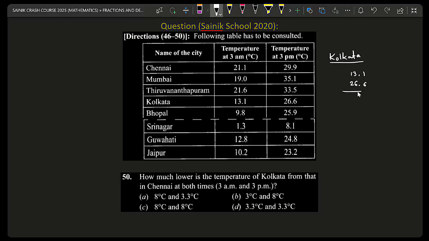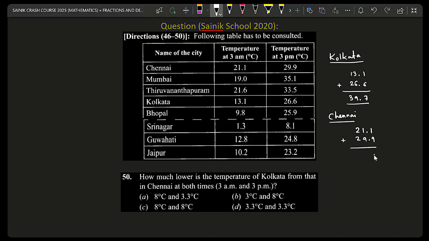What is the answer? 39.7. Now Chennai, what is the total temperature? 51.0.